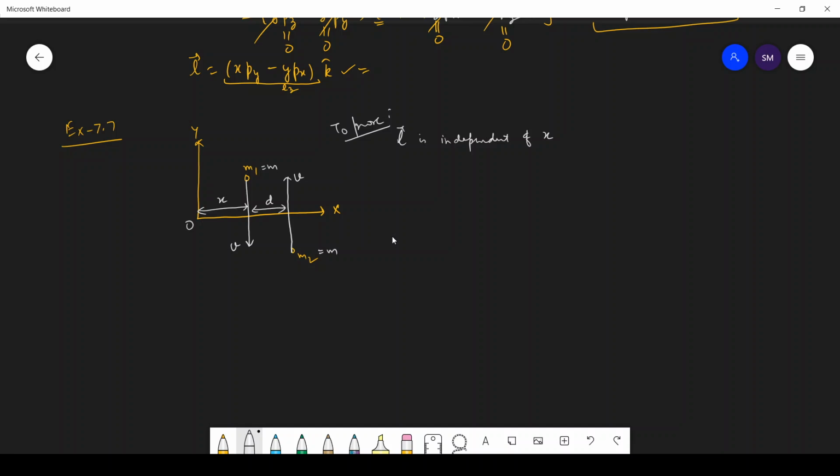So what is the total angular momentum of the two particle system? That's the solution.